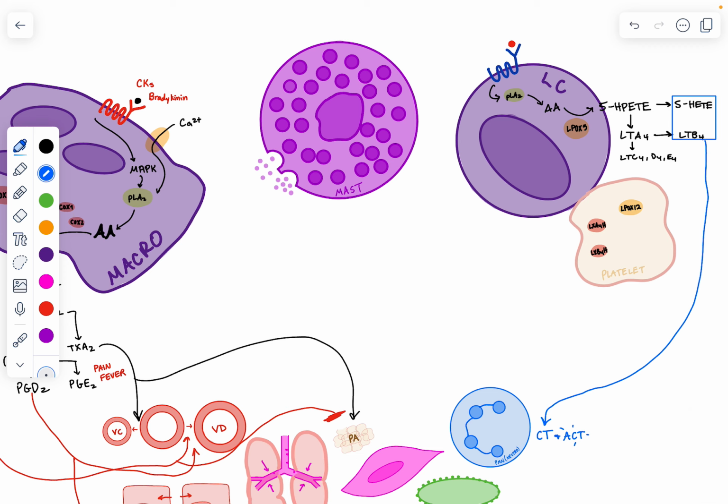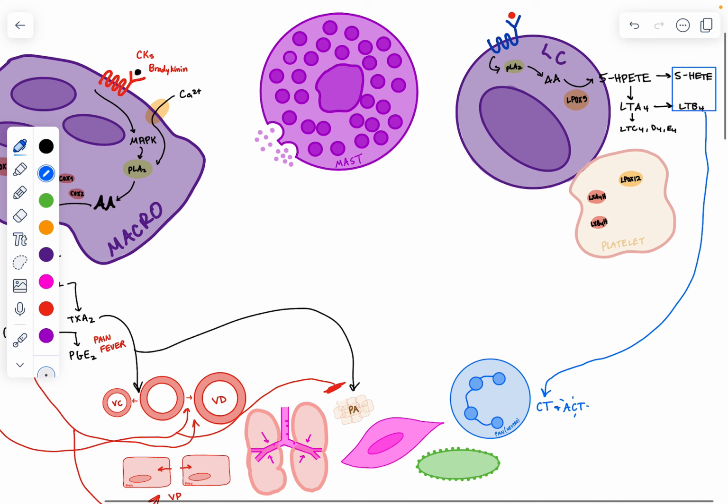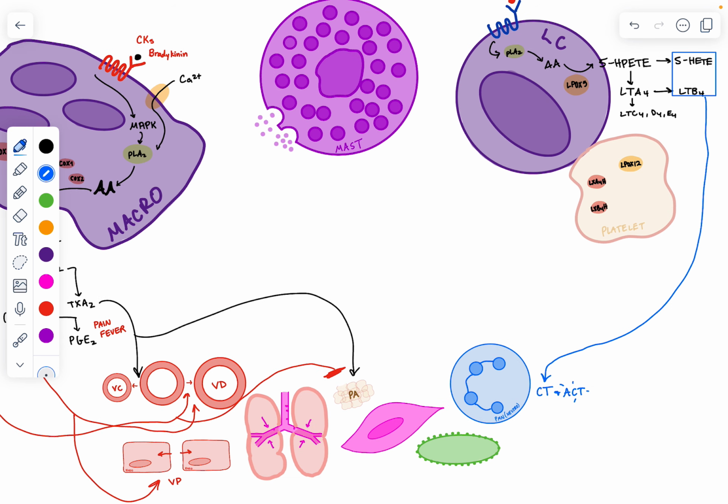Alternatively, our other leukotrienes, leukotriene C4, D4, and E4, induce bronchoconstriction and vasoconstriction and increase vascular permeability. So these are also major players in allergies and asthma, causing bronchoconstriction. I just wanted to draw that out here.